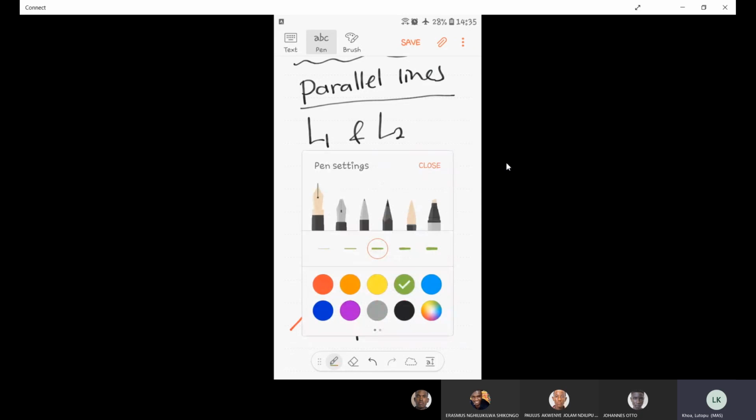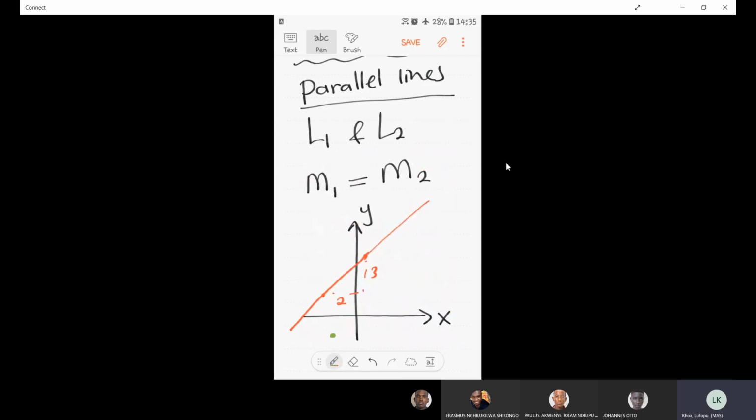Let's say the starting point is here. If I move 2 units and then 3 units, you will see that those two lines are parallel. The gradient over here is 3 over 2, and this one is also 3 over 2. So lines are parallel if and only if they have the same gradient.